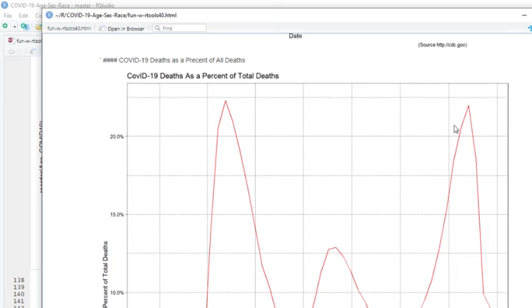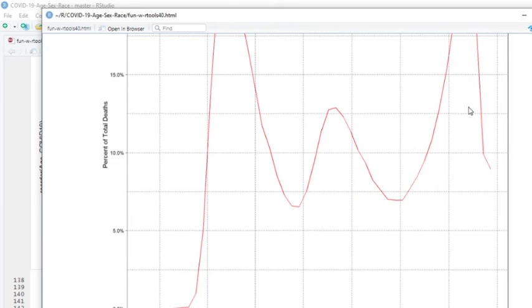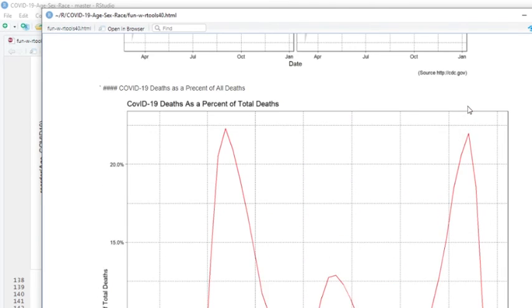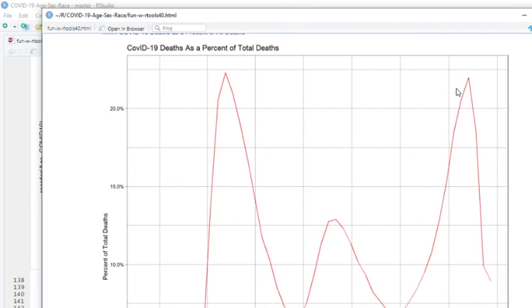But you can see there was a huge spike in COVID-19 deaths, but then it fell back down again. So you can see at some point, COVID-19 deaths accounted for almost 22% of the deaths back over here, but then it fell back down below 10%.